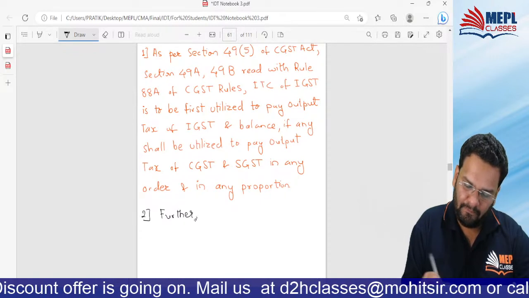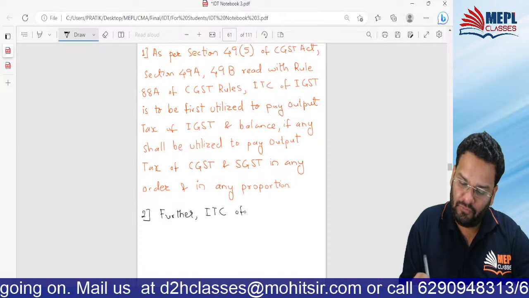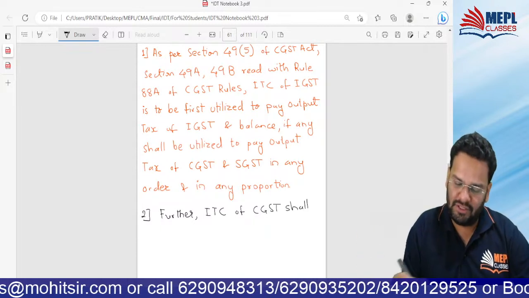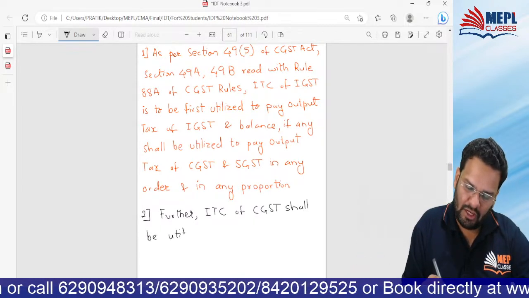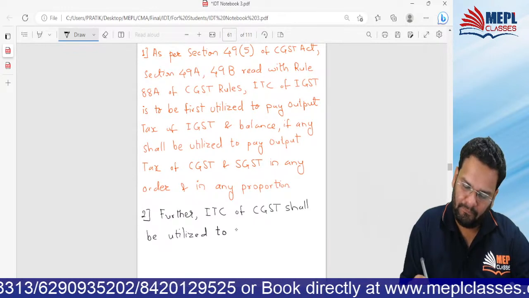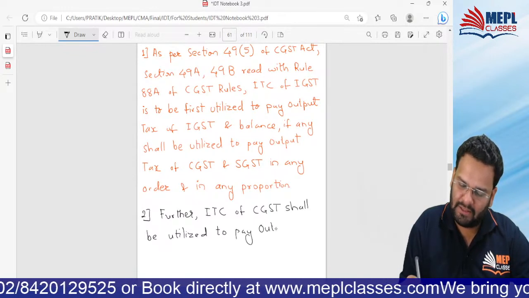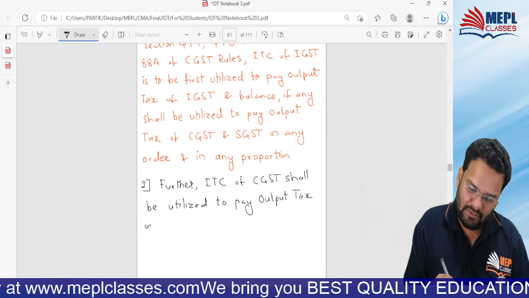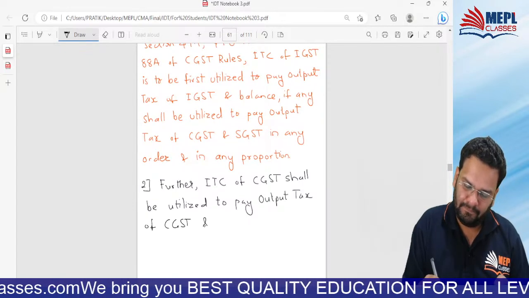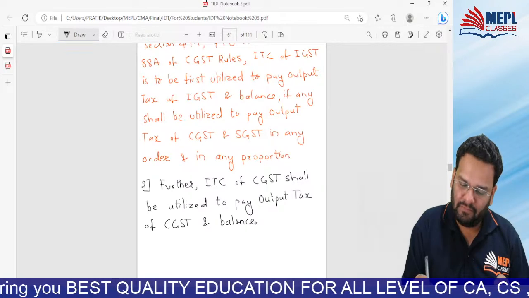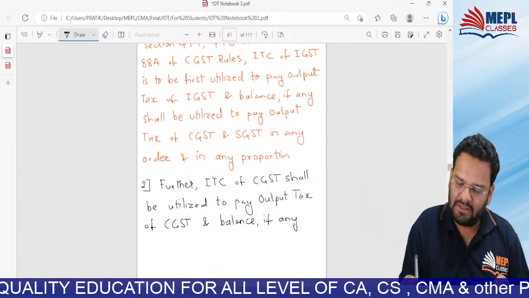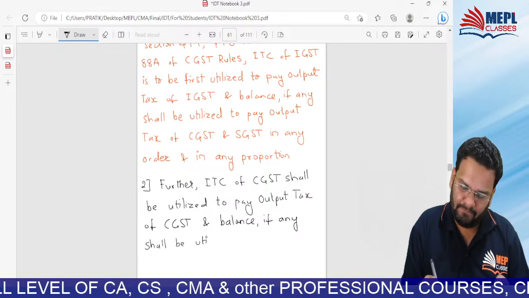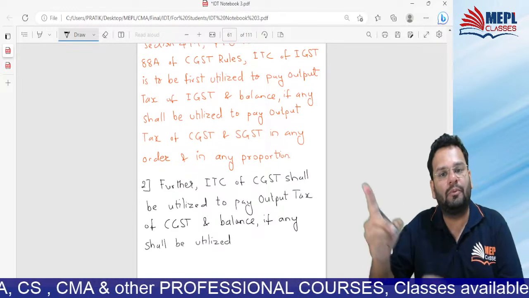Further, ITC of CGST shall be utilized to pay output tax of CGST, and balance, if any, shall be utilized to pay output tax of IGST.